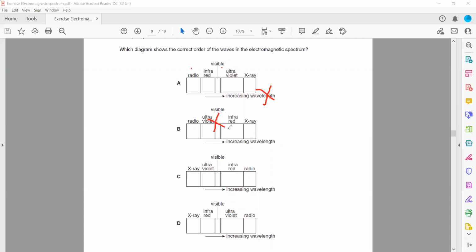X-ray, ultraviolet, visible, infrared, radio, increasing wavelength: that is true, because as we move towards radio the wavelength increases. In D the order is totally wrong, because between visible and radio you don't have ultraviolet; it would be infrared or a microwave. So C is the right answer.